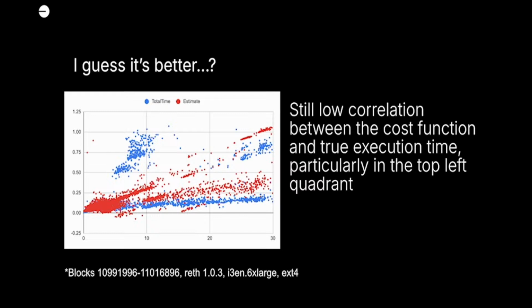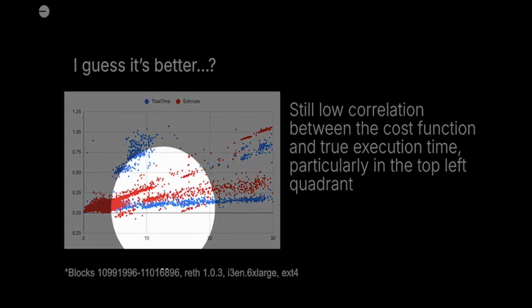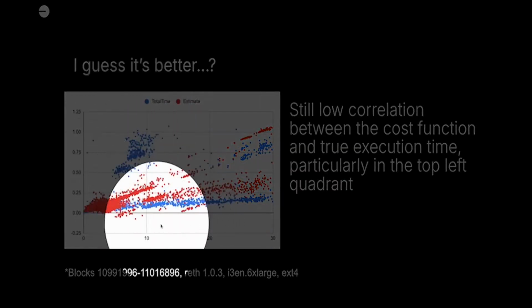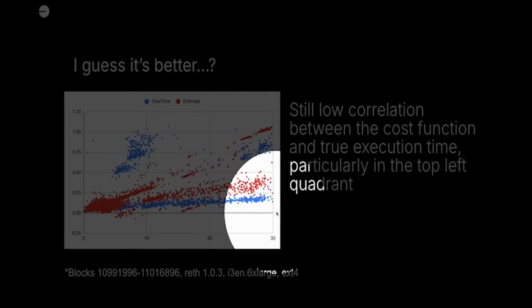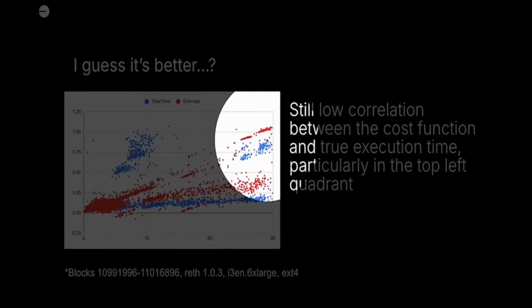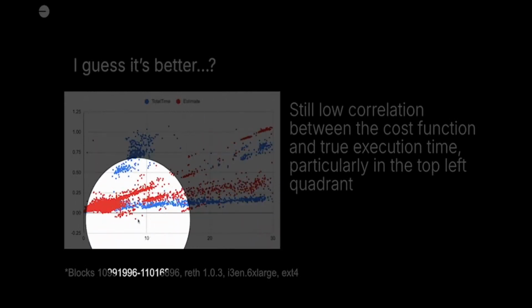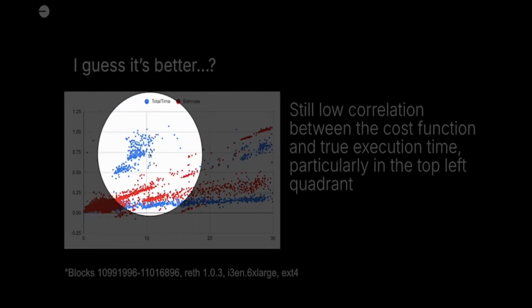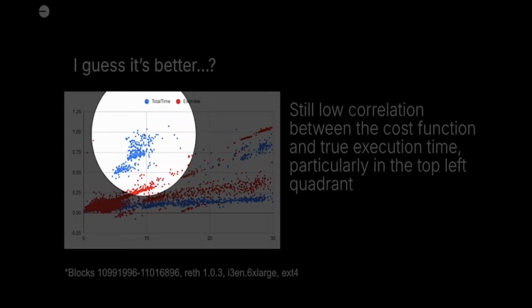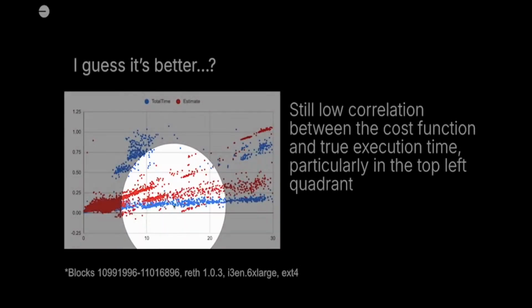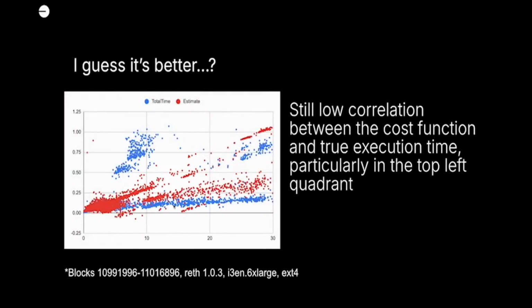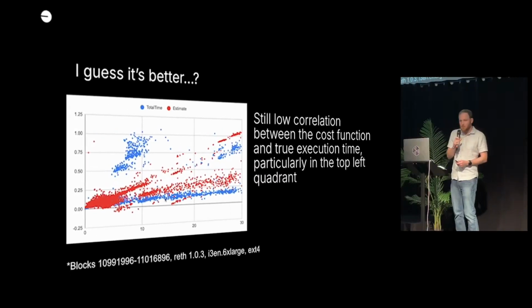It's better, and it tracks the bottom case and the top corner, but it's missing what's really the most important, which is our low gas, high time blocks. So this is definitely not the right solution.